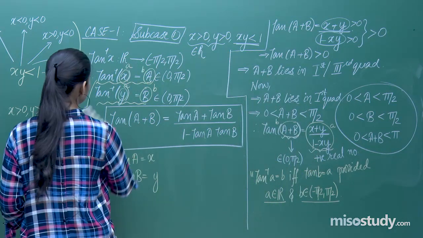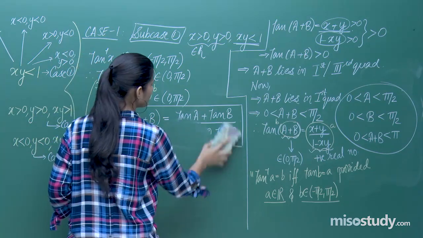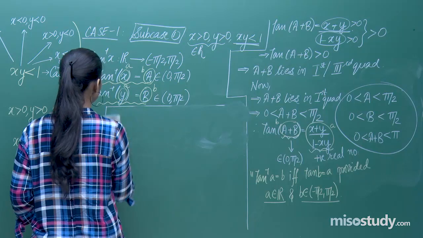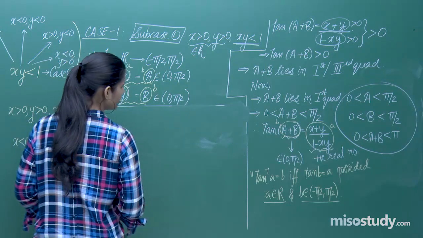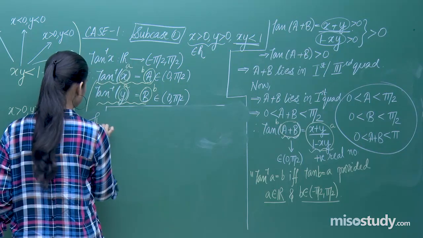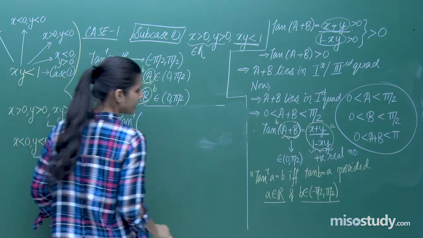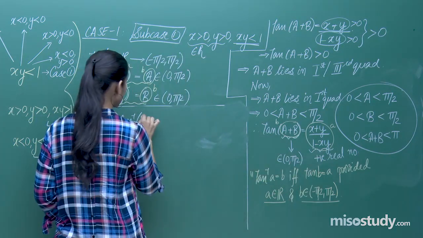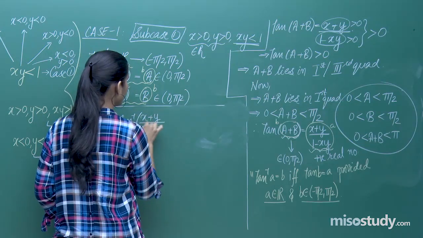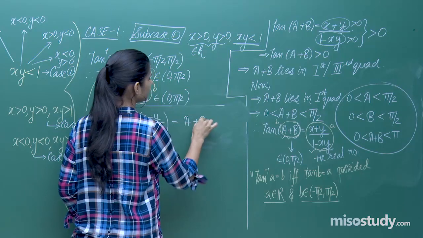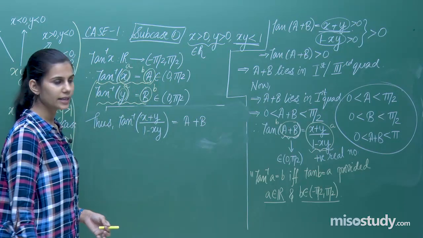We will be having nothing but tan inverse a equals b. We will be having tan inverse of (x plus y upon 1 minus xy) equals a plus b, right?